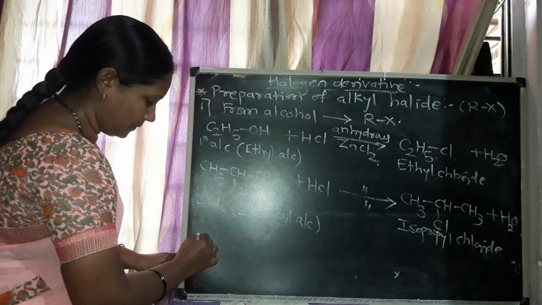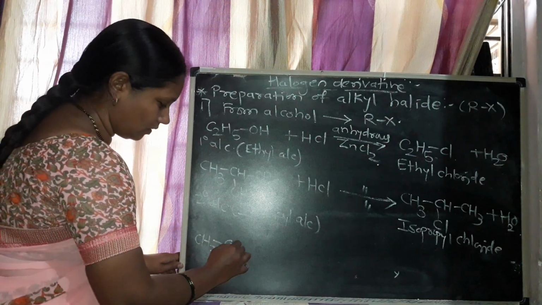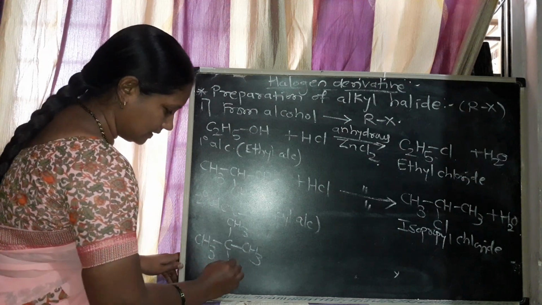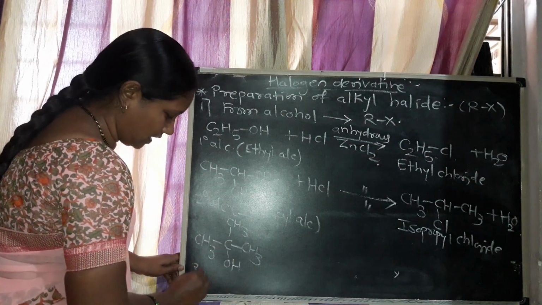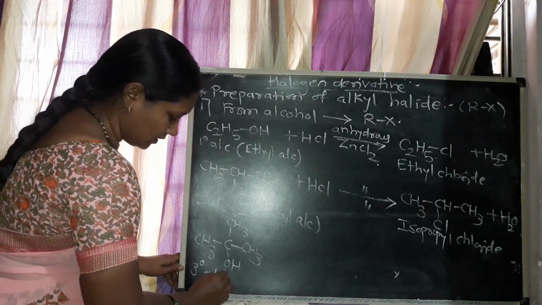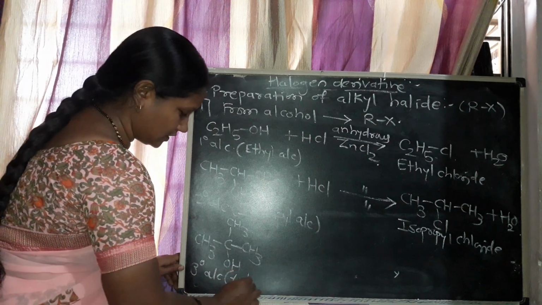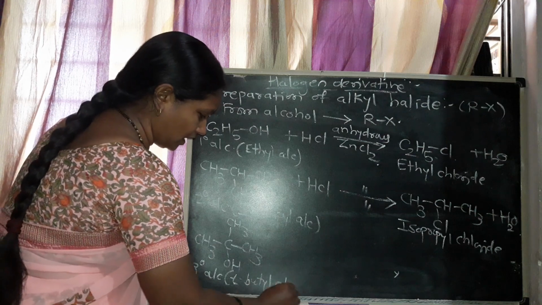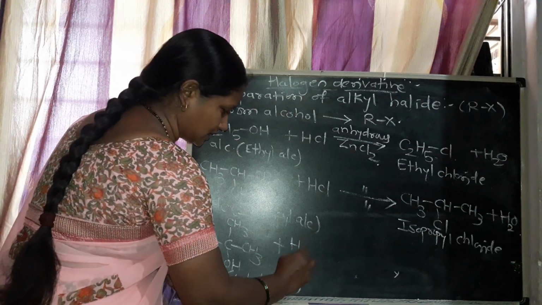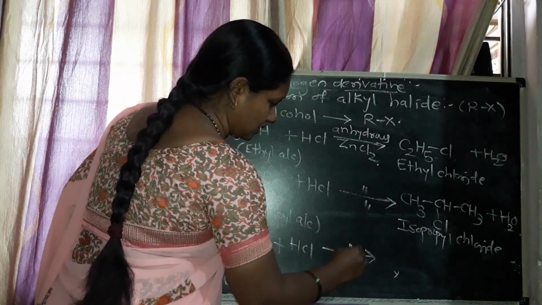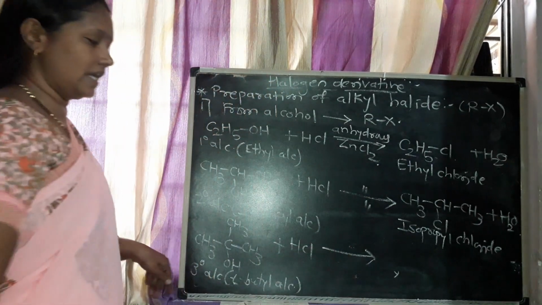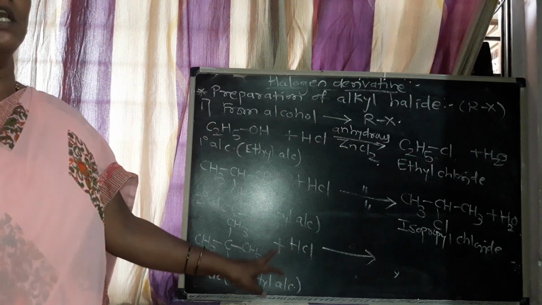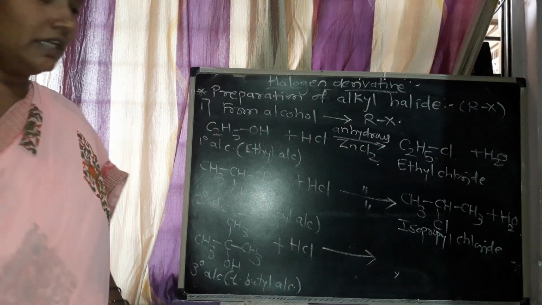Then the third example, tertiary alcohol. The name is tertiary butyl alcohol, where 4 carbon atoms are present. Tertiary butyl alcohol plus HCl. Now this reaction is carried out with the tertiary alcohol and HCl in the absence of zinc chloride.